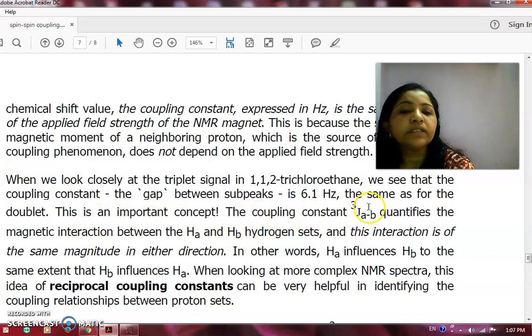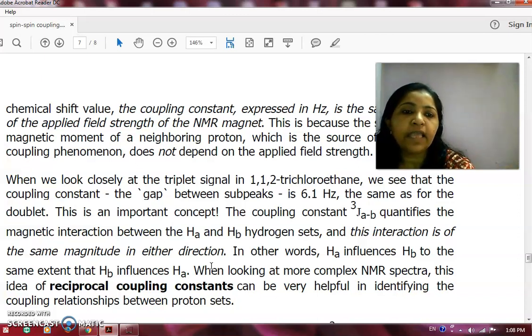The coupling constant 3JAB quantifies the magnetic interaction between the HA and HB hydrogens, and this interaction is of the same magnitude in either direction. So they are due to two different nuclei, and one is splitting the other, and similarly the other is splitting the HA.